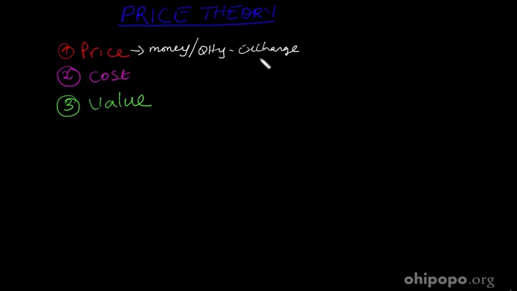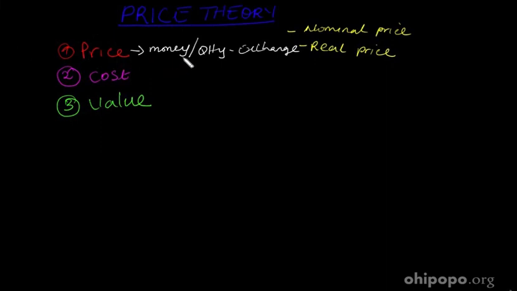There are two types of price that we are going to see. We have the nominal price and we have the real price. So two types of price we are going to see: the nominal price and the real price.